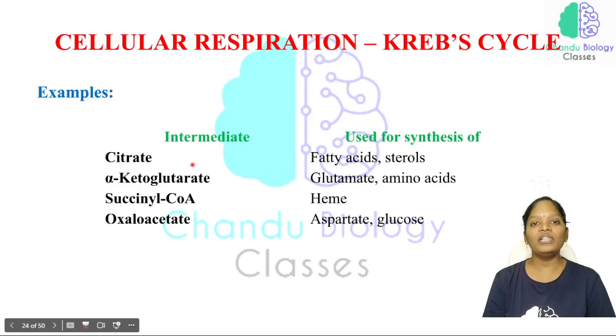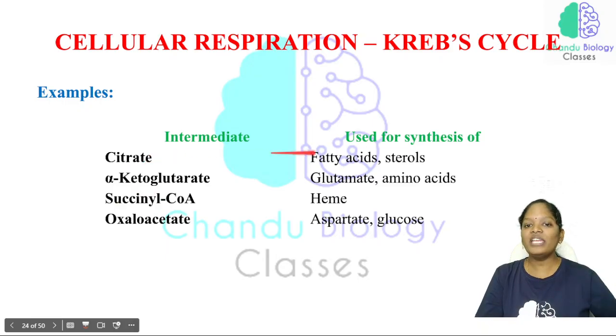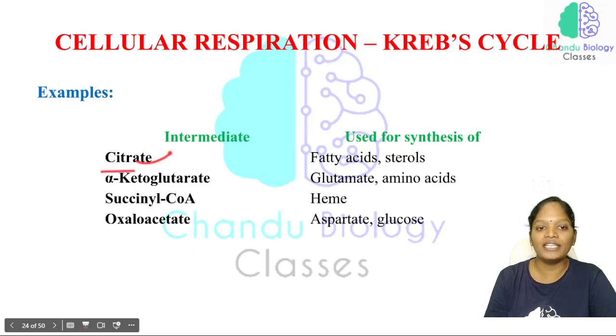See here, what are the intermediates? Intermediates means citrate, alpha ketoglutarate, succinyl CoA and oxaloacetate. Each intermediate is involved in biosynthesis or some other process. So what are those? Citrate is very important for the synthesis of fatty acids and sterols.